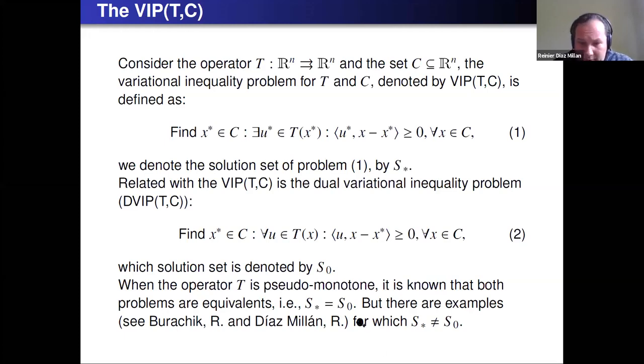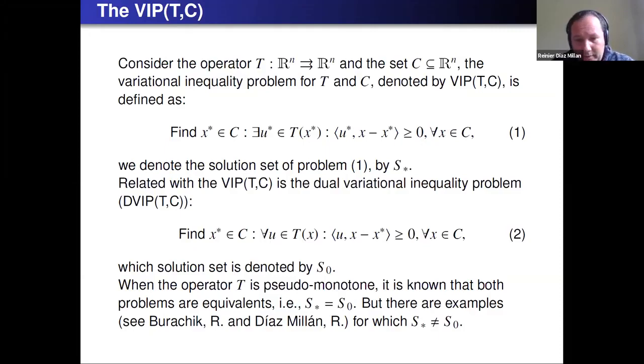But there exists an example, which you can see in this paper that will be presented in the bibliography, showing that there exist operators for which these two sets are not equal, even when both of them are not empty.